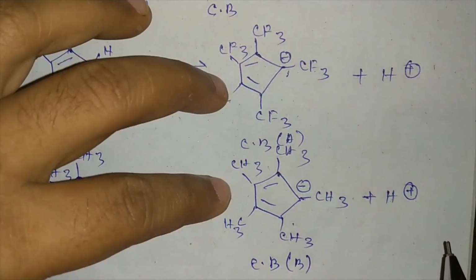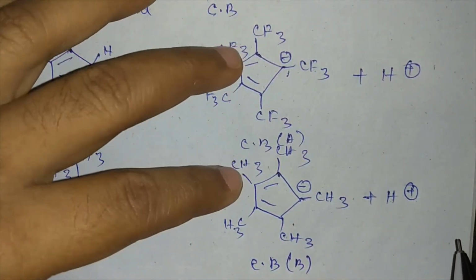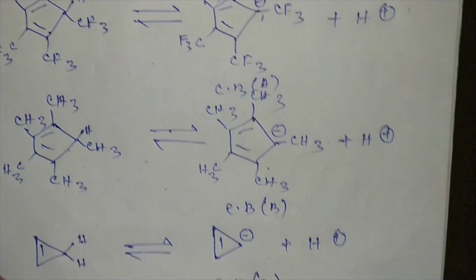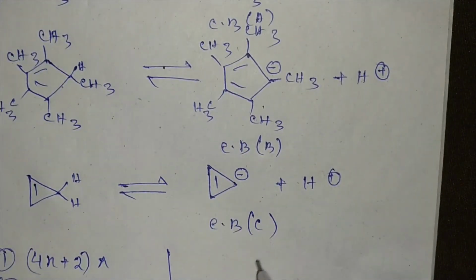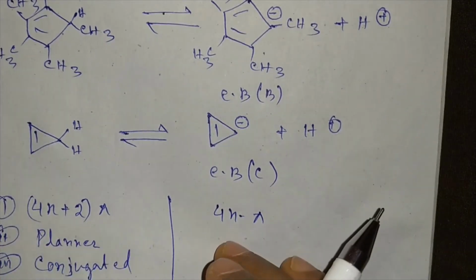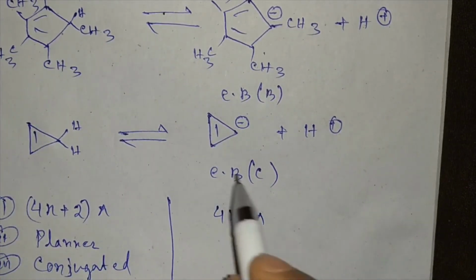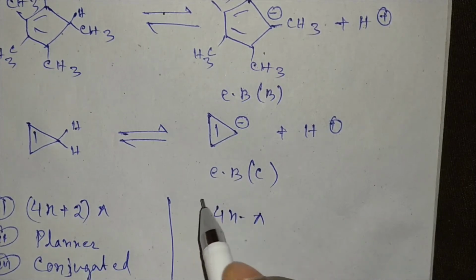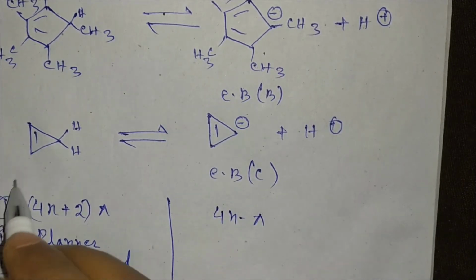So these two anions are aromatic and are highly stable, whereas the conjugate base of C has 4 electrons. So it has 4n pi electrons. 4n pi electrons means it is satisfying the conditions of anti-aromaticity, that is, it is an anti-aromatic compound.